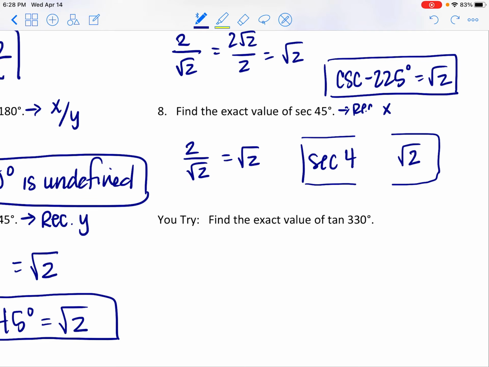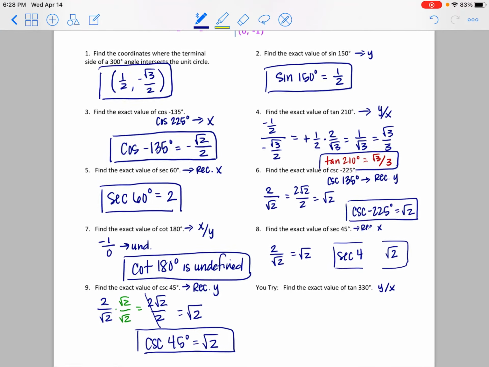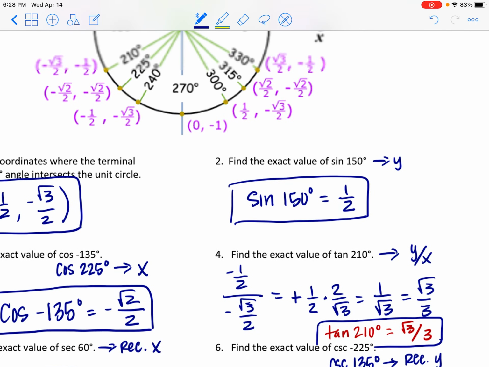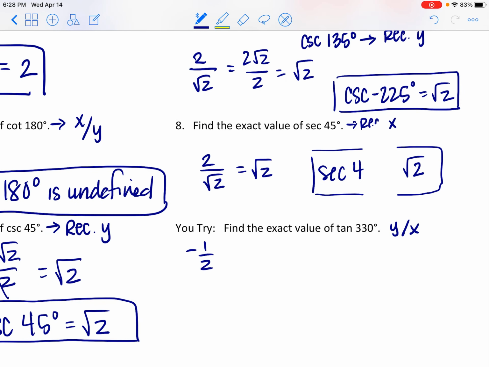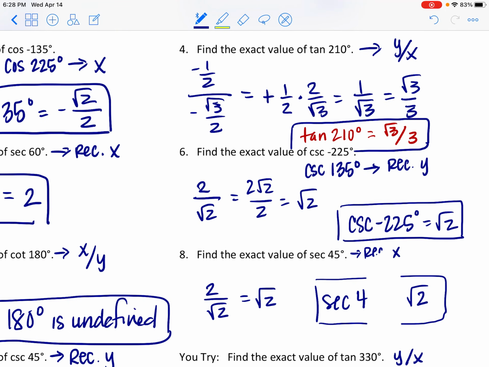So again, tangent is y divided by x. So the y coordinate at 330 was negative 1/2. And the x coordinate was positive radical 3 over 2. We already know how this is going to simplify. We did the work a couple of times already. So when we have 1/2 over radical 3 over 2, we end up with radical 3 over 3.